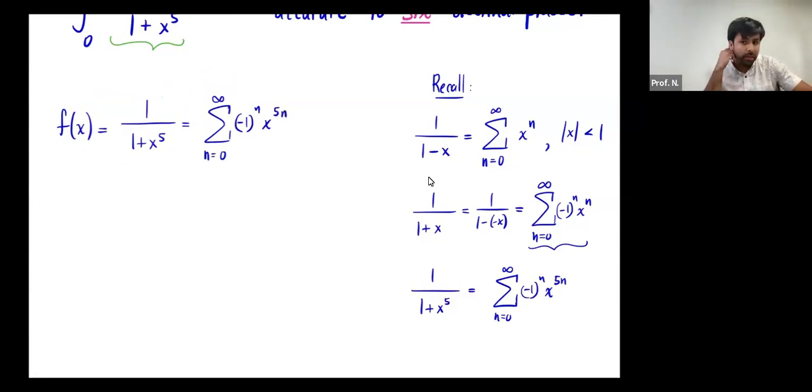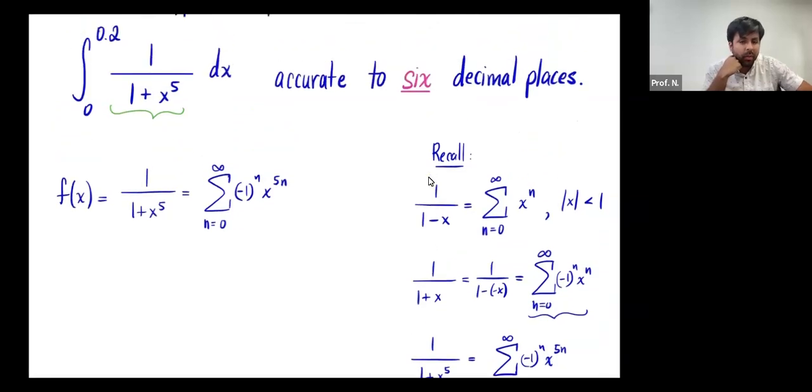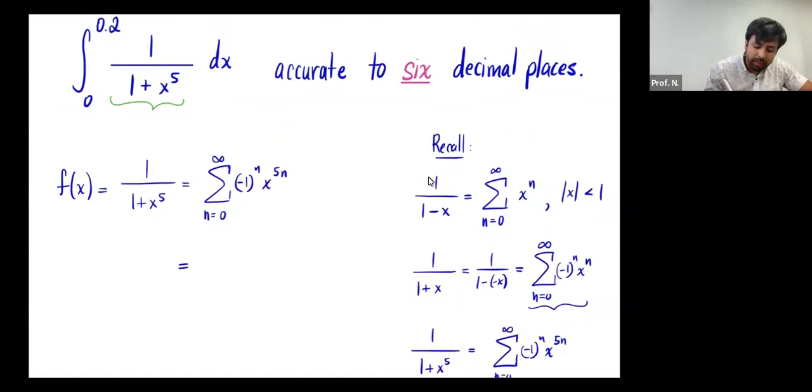So the power series becomes very important and very useful when we want to integrate functions for which finding the antiderivative is very difficult. Because now I have a way to represent a function, 1 over 1 plus x to the 5, as a sum of power functions. And we can find just the first few terms.